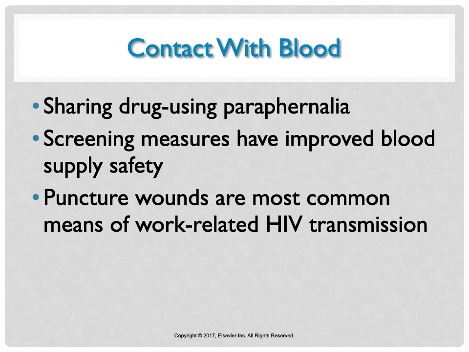When we look at contact with blood, anytime someone is sharing drug-using paraphernalia like needles, syringes, straws, or other equipment that could be contaminated with HIV or other bloodborne organisms like hepatitis B, sharing this equipment can result in disease transmission. Routine screening of blood donors to identify at-risk individuals, and testing donated blood for the presence of HIV has improved the blood supply safety.